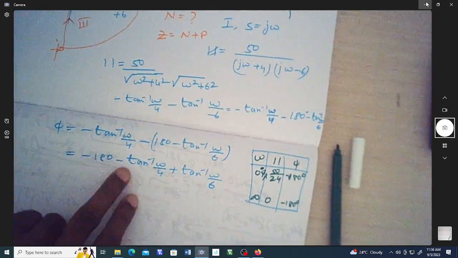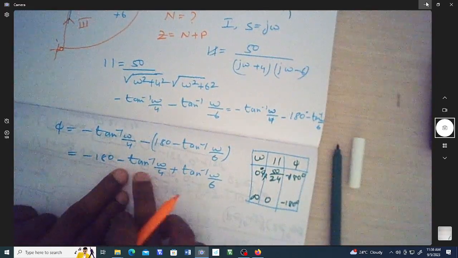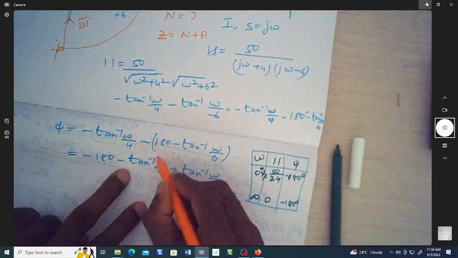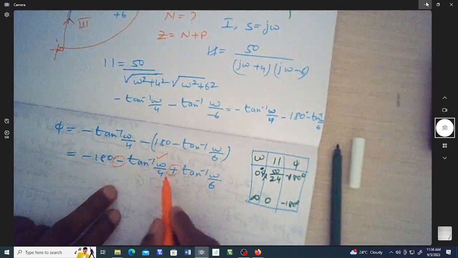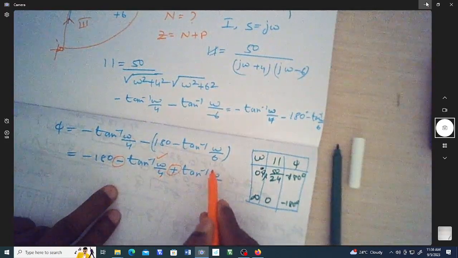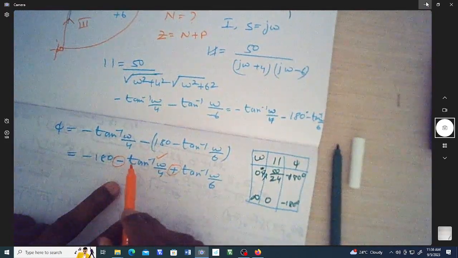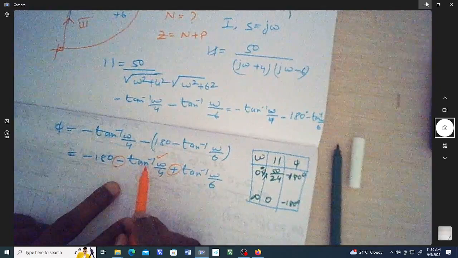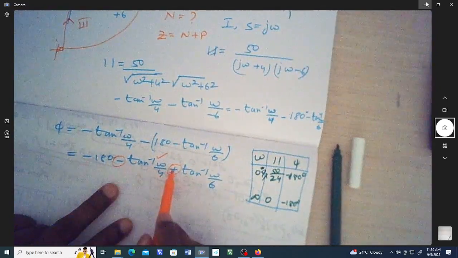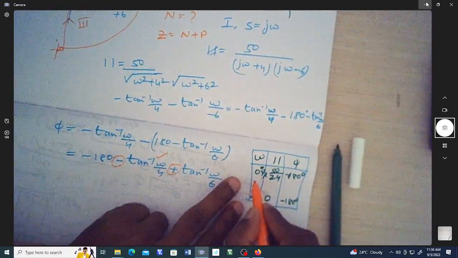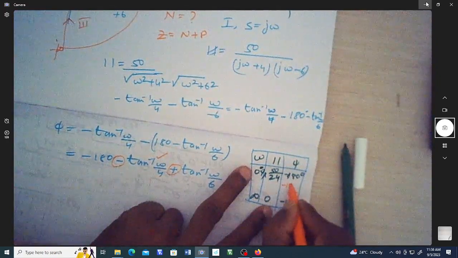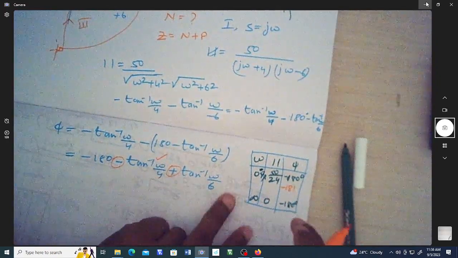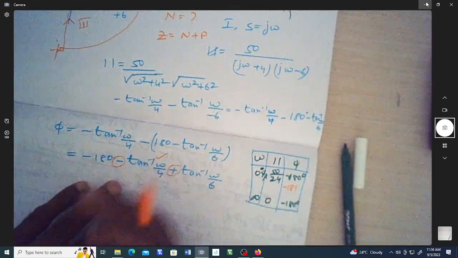Suppose if you look at this, here this is dominating compared to this, that is, the negative term dominates over the positive term. Here it is omega by 4, this is omega by 6. So do you feel that for lesser values of omega this is becoming minus 181, minus 182, and so on? Of course no need to even calculate.